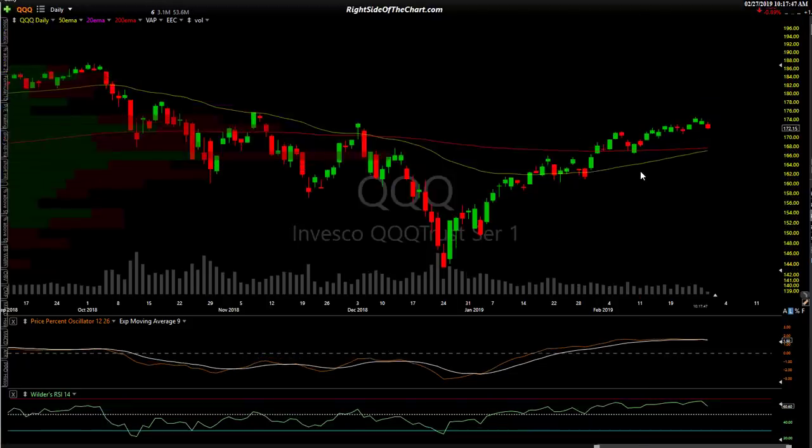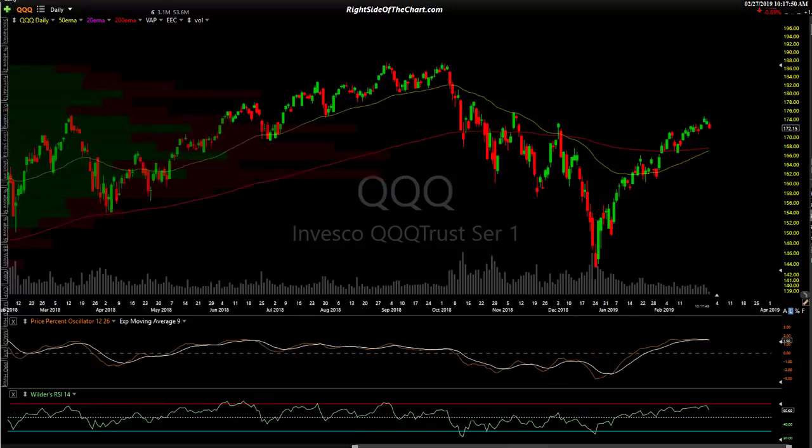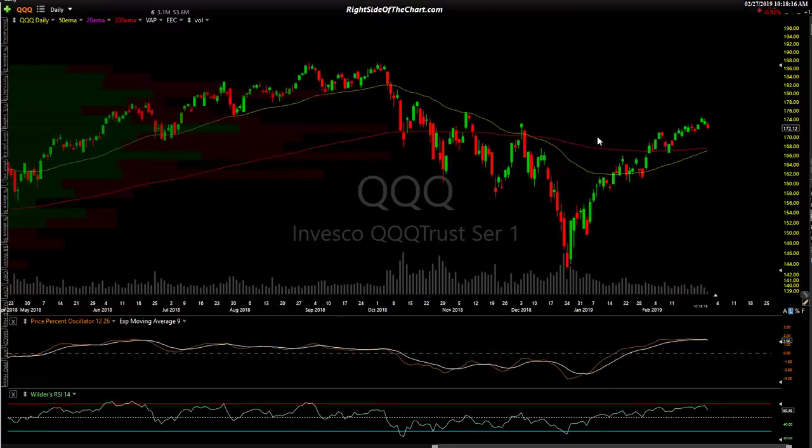If, and that's a big if, the scenario that I've laid out, which I still think is a possibility, though we need more evidence, that this was the first leg down in a new bear market, a much larger bear market than what we saw here, which I'm calling a correction, my downside is well over 20% from here. So where I'm going with this, there's really, for the most part, two schools of thought right now on the market.